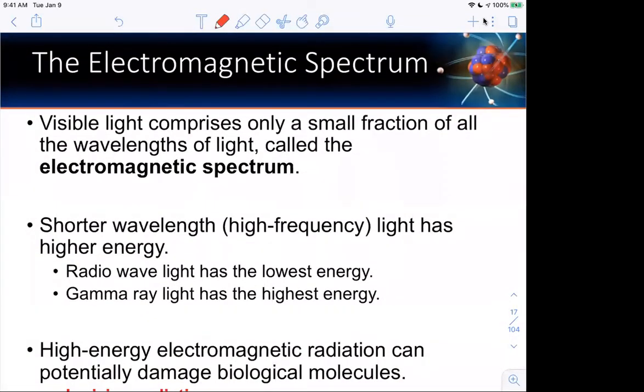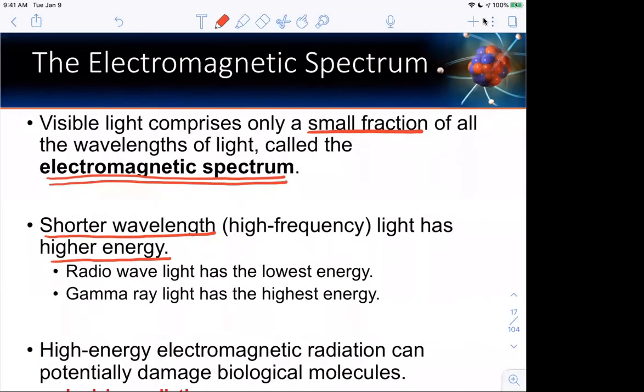Now, visible light is only a very small fraction of all of the wavelengths of light. All of these wavelengths are called the electromagnetic spectrum. If I have shorter wavelengths, I have higher energy.